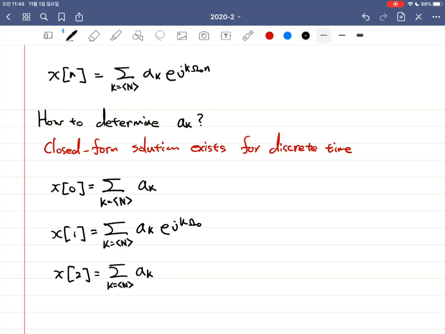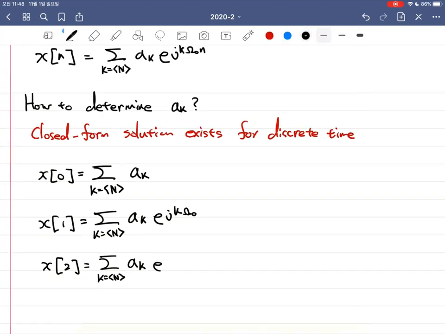If I put 2 for n, then I will get e to the j k omega 0, because n should be 2. I will start with j times 2 k omega 0.